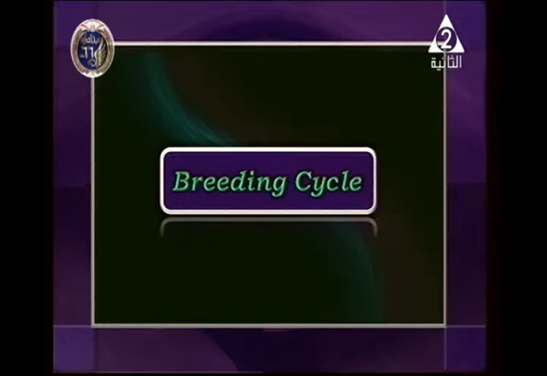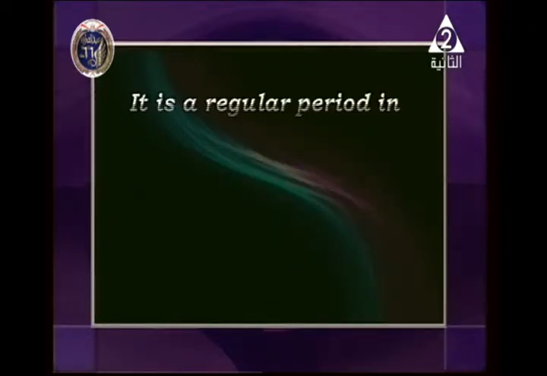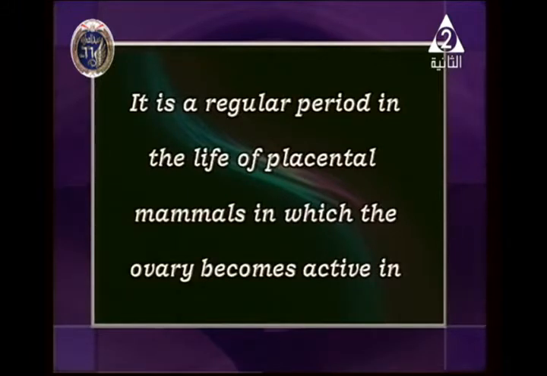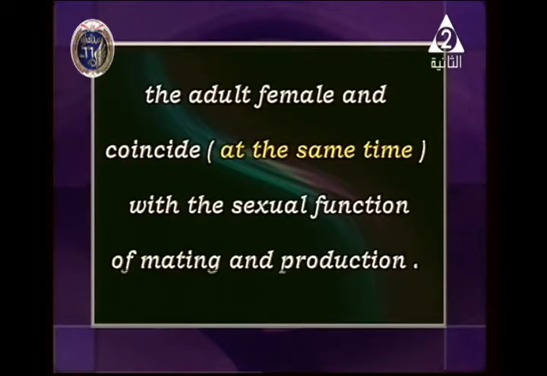After that, we have something called the breeding cycle. What is the breeding cycle? It is a regular period in the life of placental mammals in which the ovary becomes active in the adult female and coincides at the same time, okay, with the sexual function of mating and production of ovum.